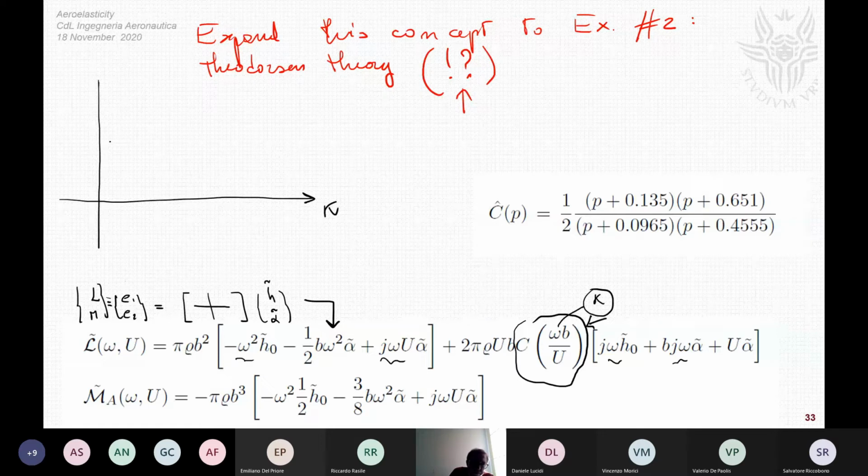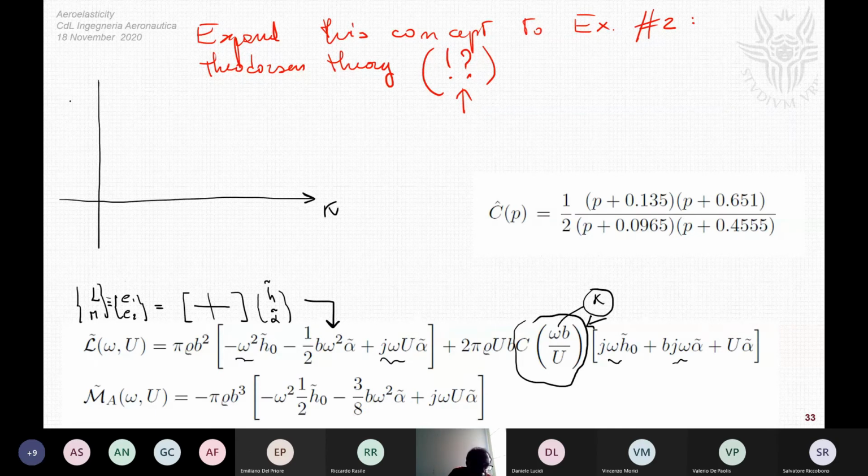If you see the analytic value of the Theodorsen function, you have the plot in your notes.